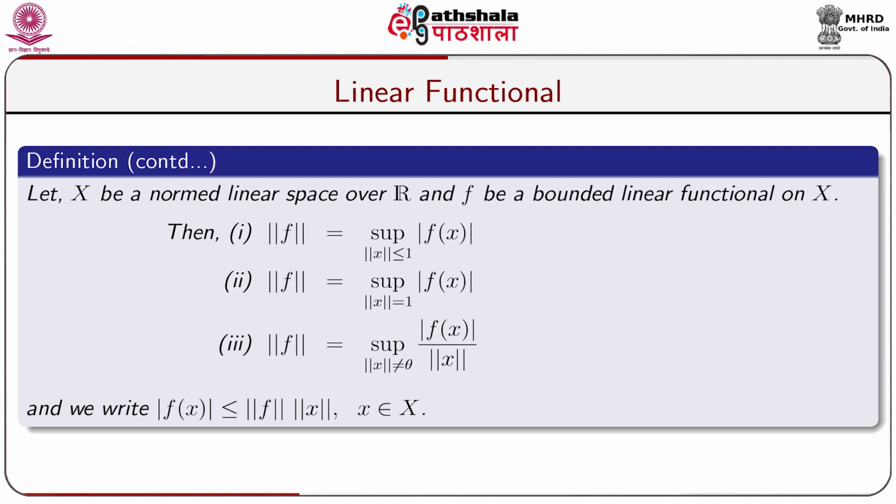And number 2, norm of f can also be defined as sup of mod of f x, where the supremum is taken with norm of x equal to 1. And number 3, norm of f is equal to sup of mod of f x by norm of x, provided x is not equal to theta and norm of x is not equal to 0. And then we write modulus of f x is less than or equal to norm of f into norm of x for all x belonging to capital X.